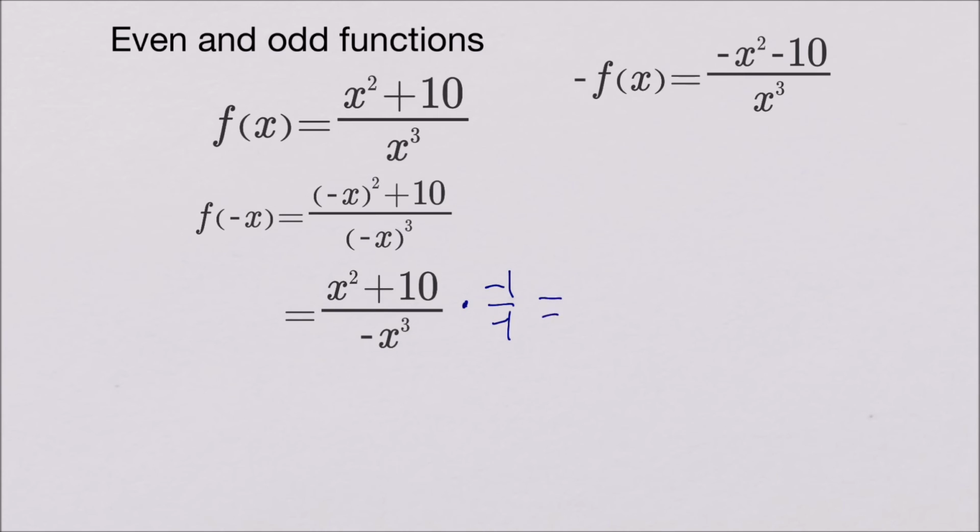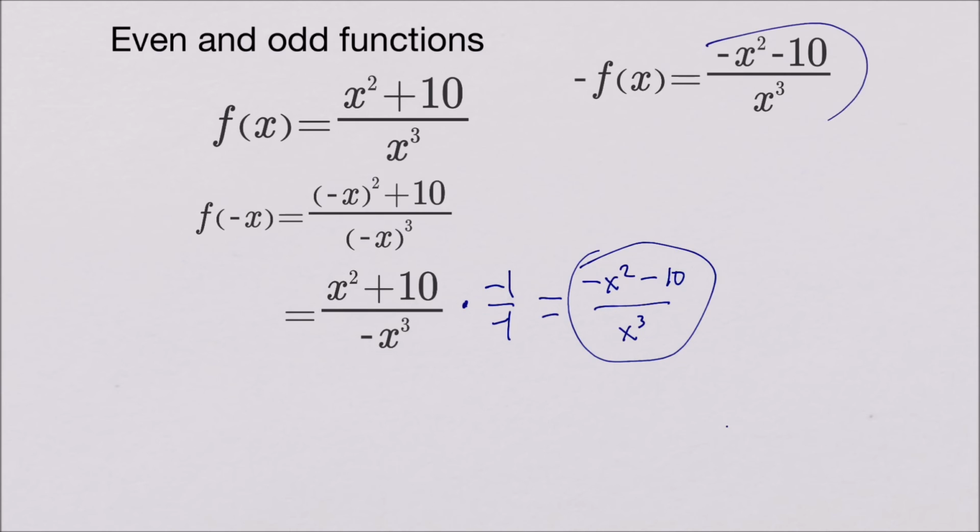And that's going to equal -x squared minus 10 over x to the third. So now we have this equal to f of -x, this equal to -f of x. They're the same thing. So again, this function is odd.